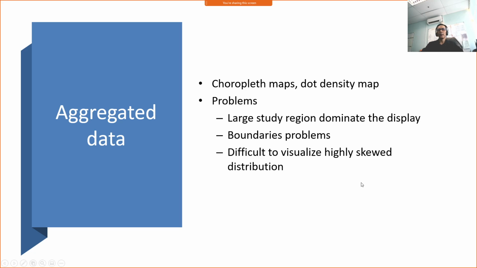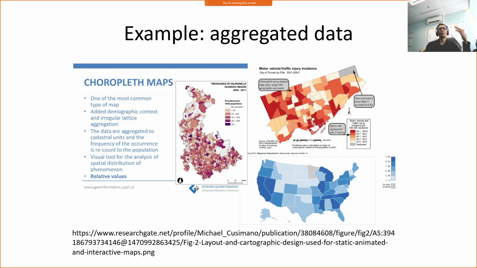Okay. And also, it is difficult to visualize a highly skewed distribution, because there is no continuity, just like Kelantan, Terengganu, Pahang, red, green, yellow, things like that. So it's difficult to visualize a skewed distribution.